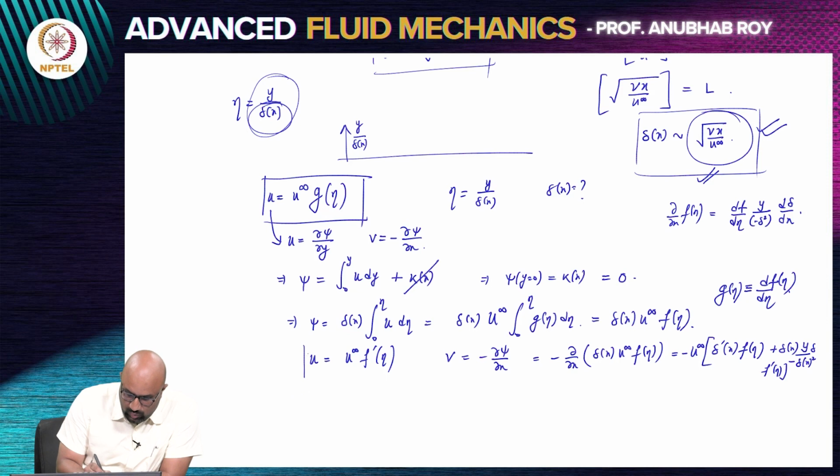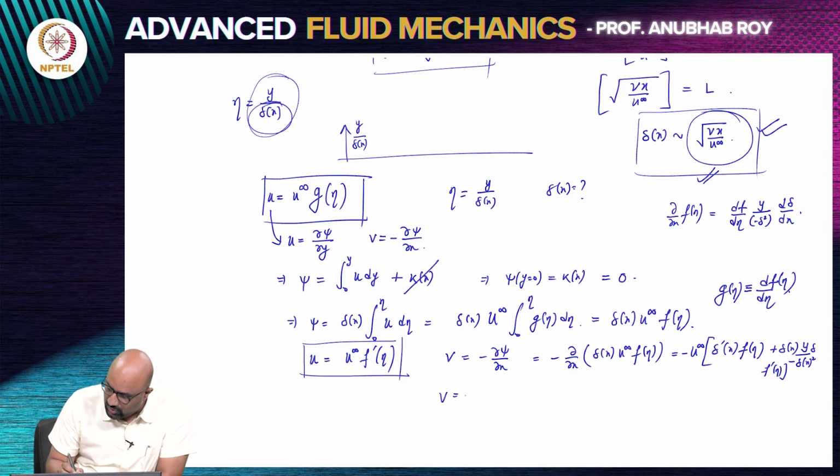So, this is 1 and v is going to be minus u infinity delta prime of x, with a minus sign, f of eta minus y by delta, which is going to be eta.